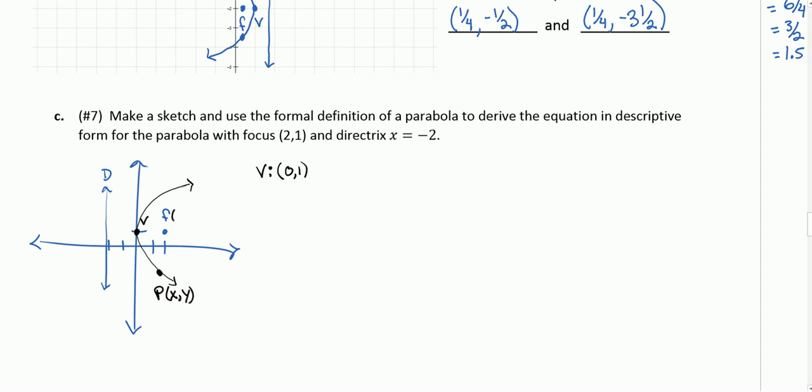We have our focus, which is (2, 1). And the distance from the focus to that point is going to be the same distance from that point straight to the directrix. So I'll call that point D, which would be at (-2, y).